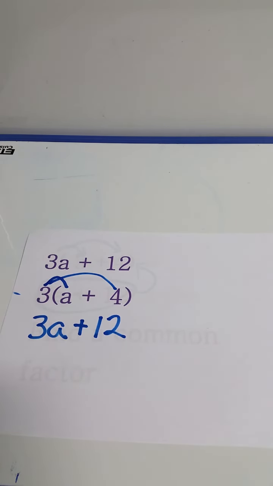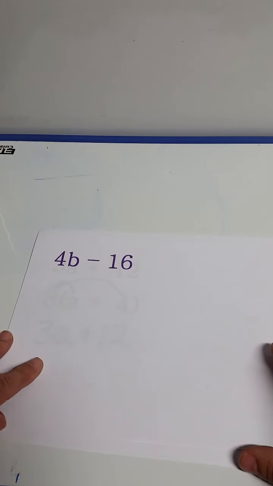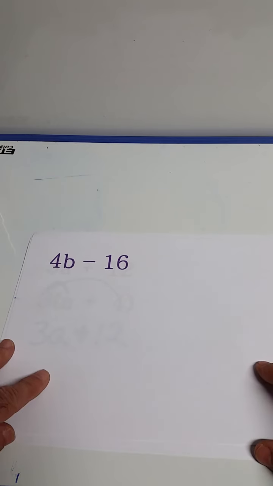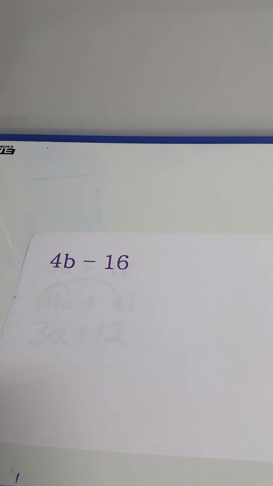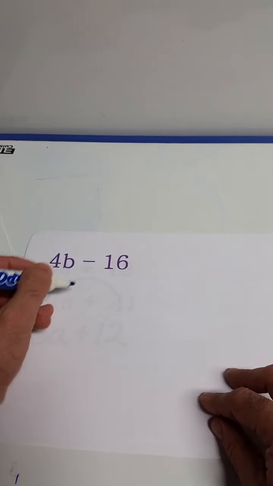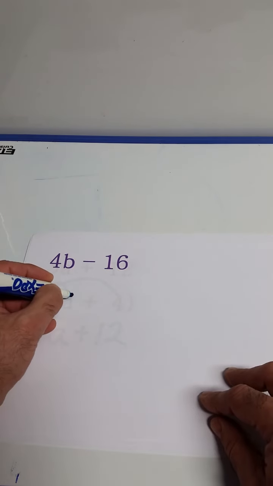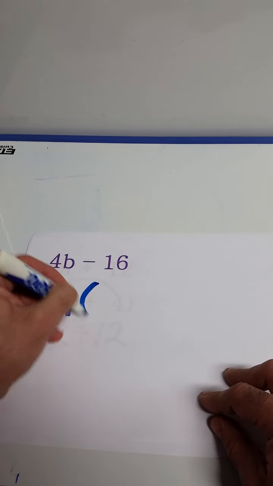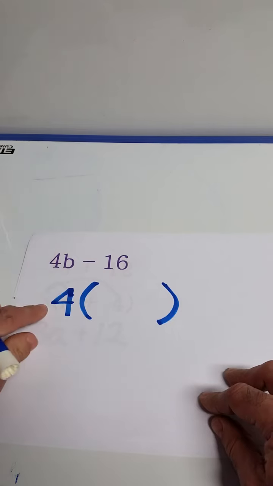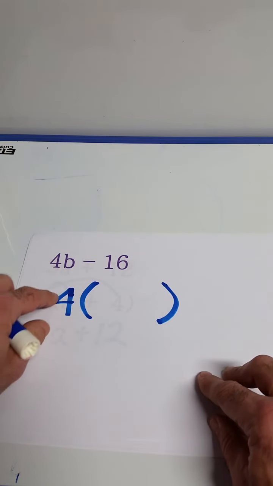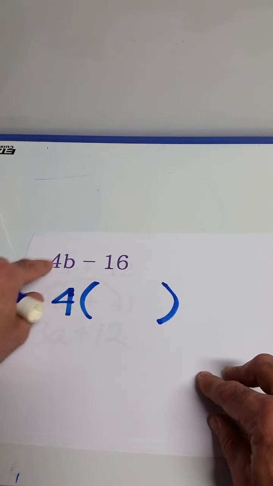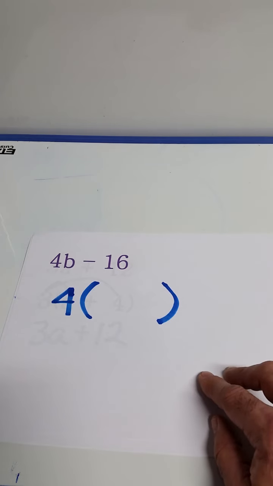Let's get another example. How would you factor this? We need a common factor. Well, 4 is the common factor. If I take 4 and then make parentheses, we want to find a way we can distribute this and get that same answer. Well, 4 times what is 4b? We need to get 4b.